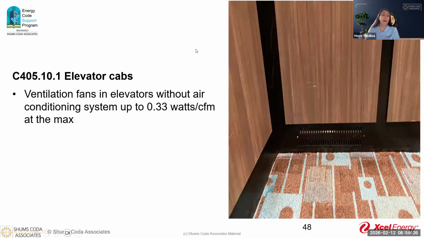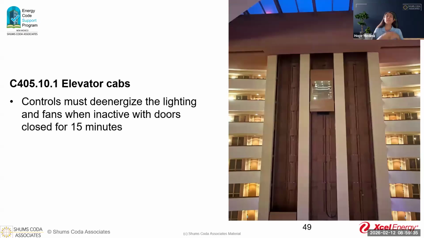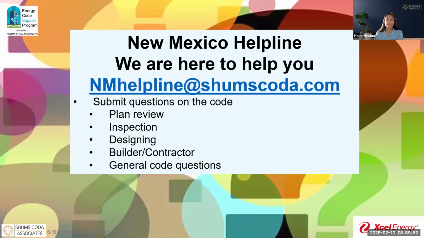Now, they also have criteria for the amount of ventilation that is permitted. Why I bring this in here is because the controls involved need to de-energize both the lighting and the fans when the doors are closed and there has been no activity for 15 minutes.